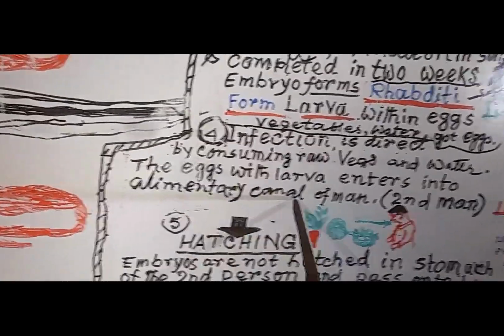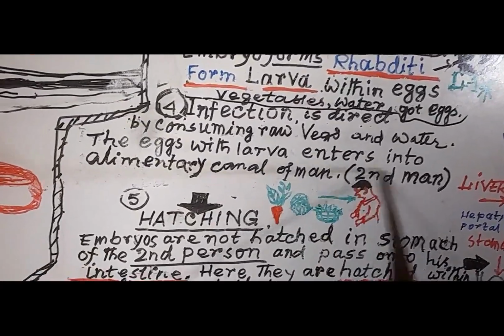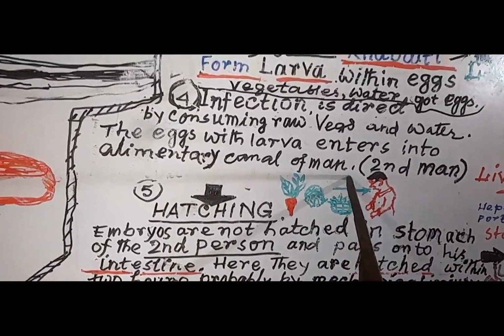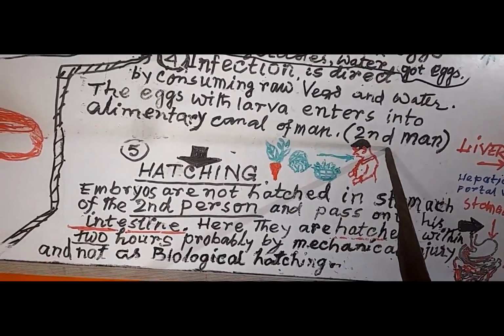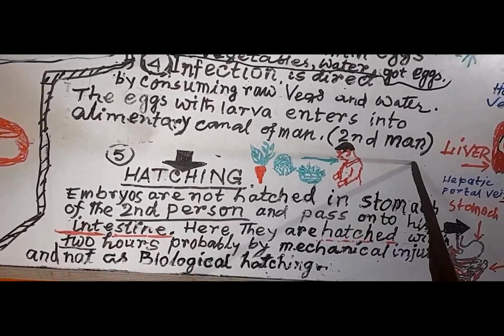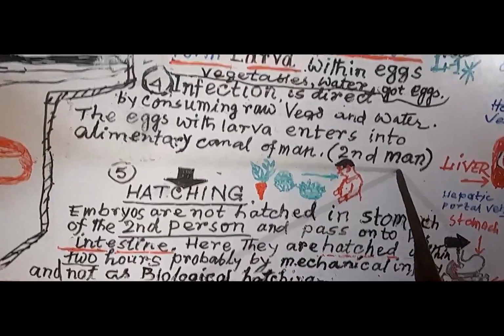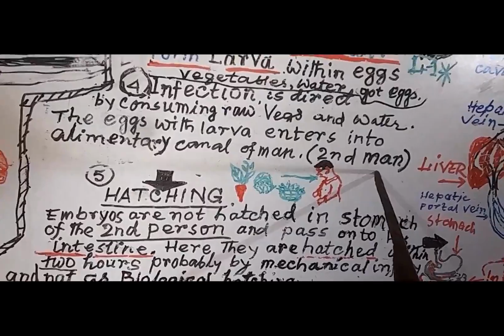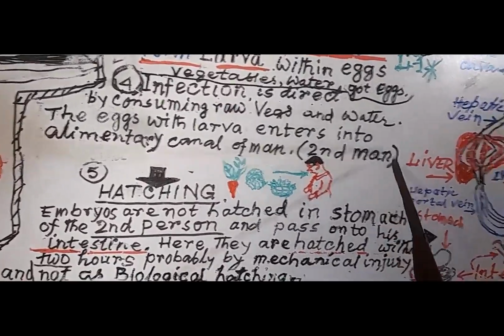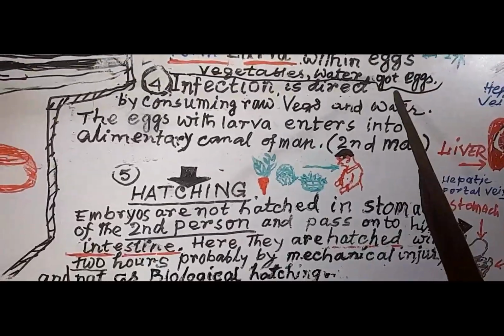The eggs with larva enter into the alimentary canal of man, and we should better call this man the second man, who is infected by the larva of Ascaris born by the first man.